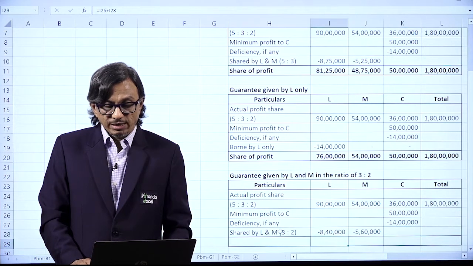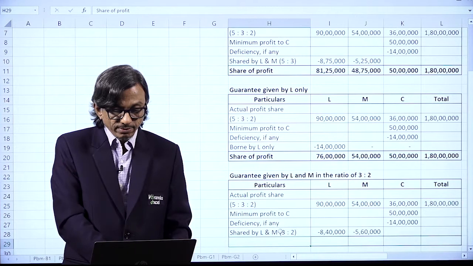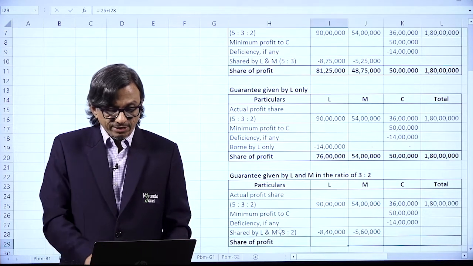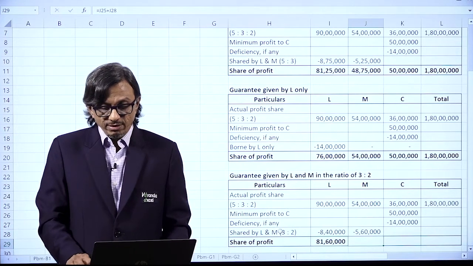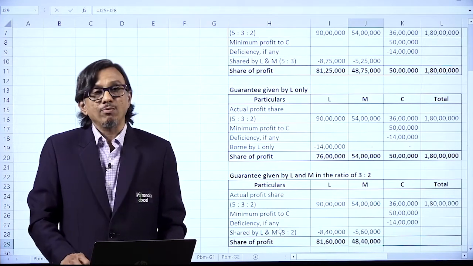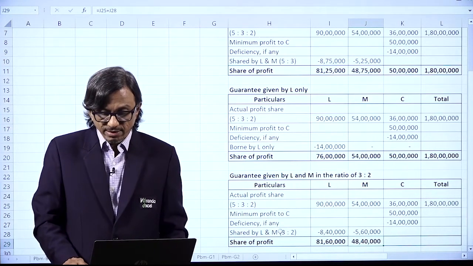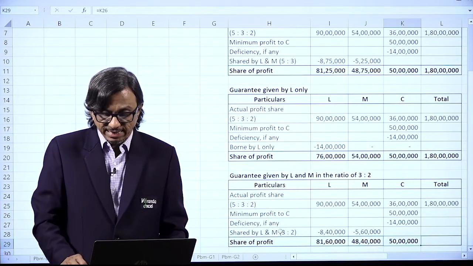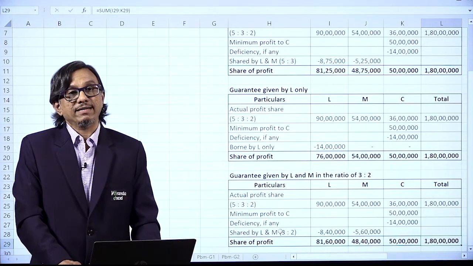Therefore, what is the share of profit to the partners? L will get 90 minus 8,40,000, that is 81.60. M will get 54 minus 5,60,000, that is 48.40. C will get 50 lakhs. Therefore, the total is 180 lakhs.